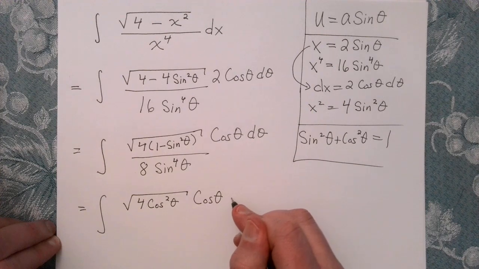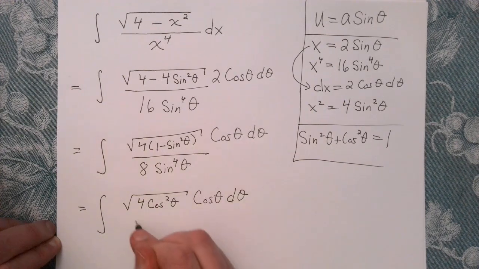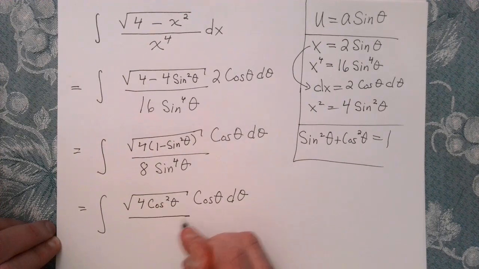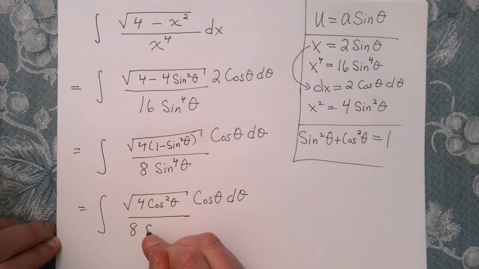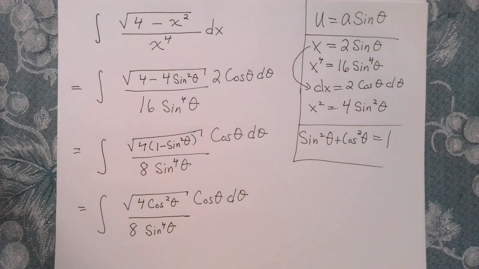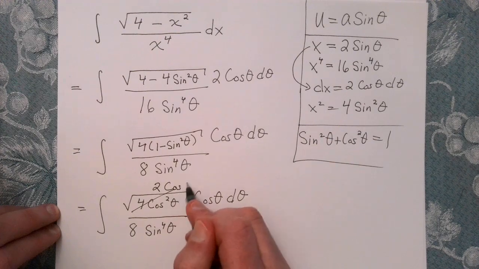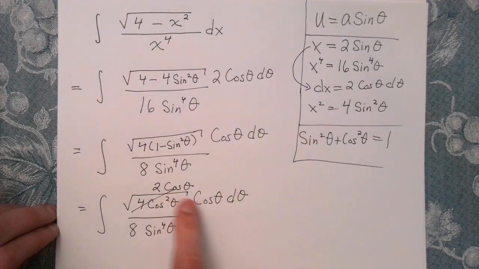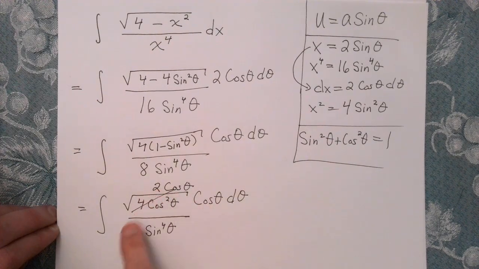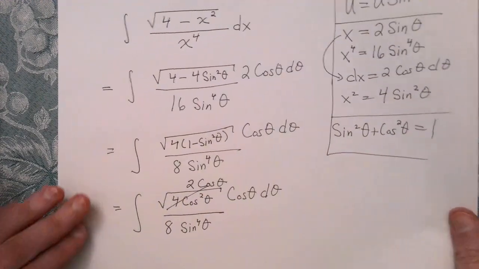We've got a cosine of theta right here, d theta. We got over 8 sine to the fourth of theta. So it looks like this right here is going to give me a 2 cosine of theta. I can combine the cosines and I could cancel. I can call this 1/4 and bring it out. Maybe I'll do that.